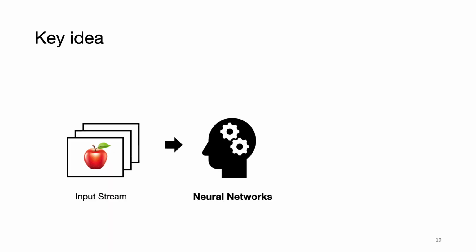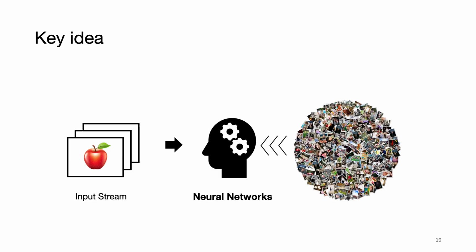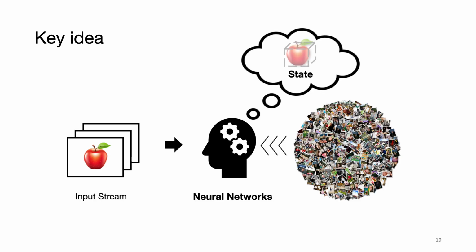We need a big neural network to store the data-driven prior about the visual world. But more importantly, we also have to maintain a state that captures the context of the specific scene we're looking at right now. As we get more observations, we should be able to update the state using the new information, and this is an online and ongoing process.